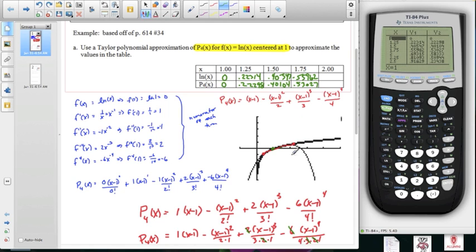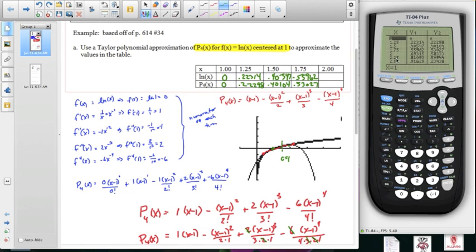So we're starting to see that gap widening between the actual value and the approximate value as we follow this fourth degree approximation farther and farther away from the center of 1. Remember, here's the center of 1. So as we get bigger and bigger values out here, we're going to start to see this discrepancy between the actual value and the P4 estimate, the fourth degree polynomial estimate, increase, that gap widen.